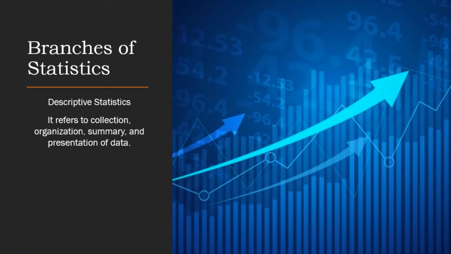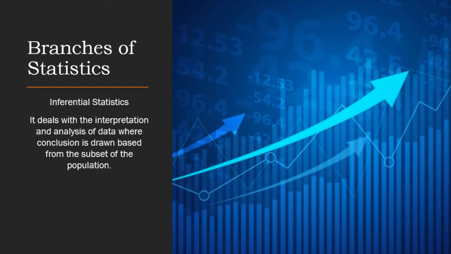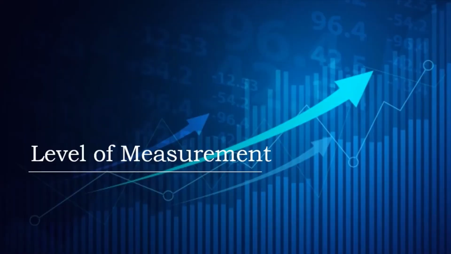Descriptive statistics refers to collection, organization, summary, and presentation of data, while inferential statistics deals with the interpretation and analysis of data where conclusions are drawn based on a subset of the population.